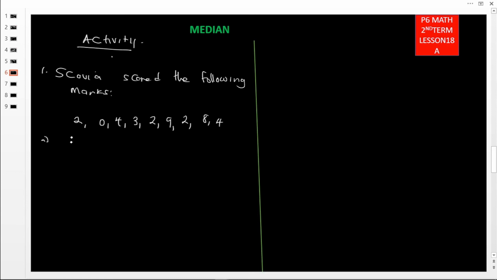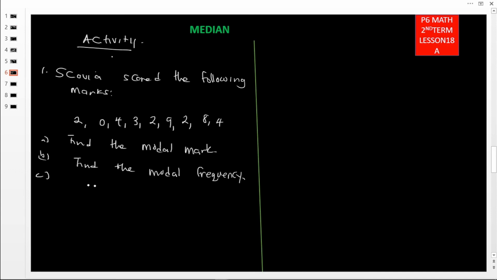Our first question, find the mode mark. Part B, find the mode frequency. Then part C, what is the range? Then part D, find the median.